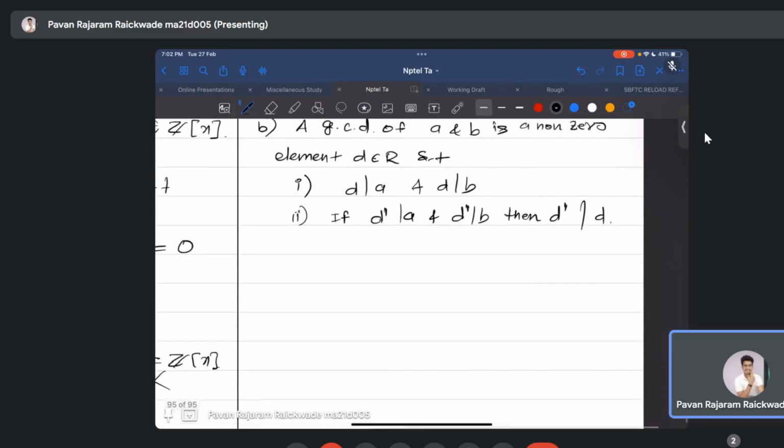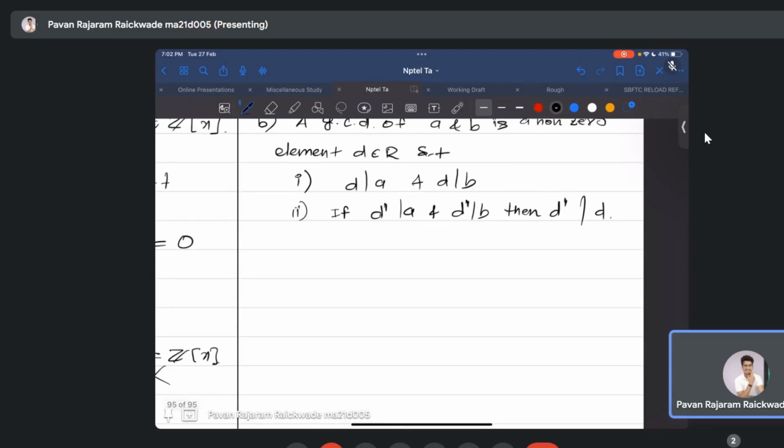So how it relates to this ideals thing is given in the following proposition.